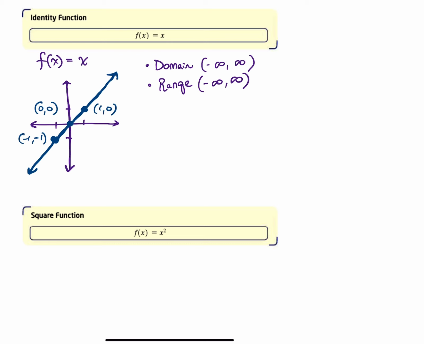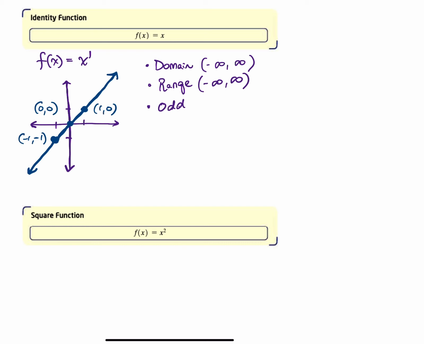It has odd symmetry. You can imagine f of negative x would equal negative x, which is negative f of x. So it has that property. You can see it's symmetric about the origin. So we have an odd function.